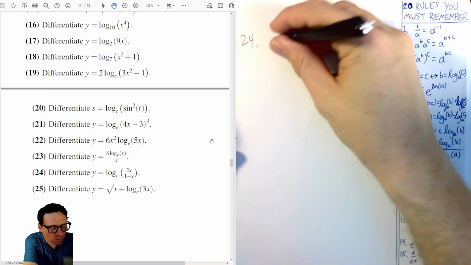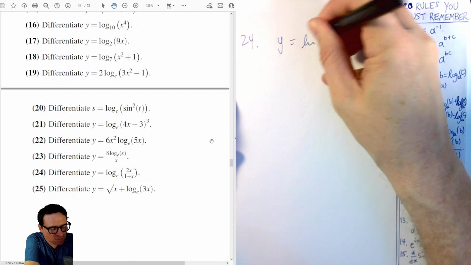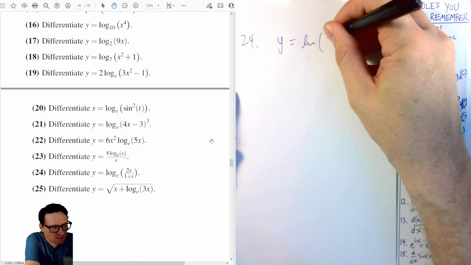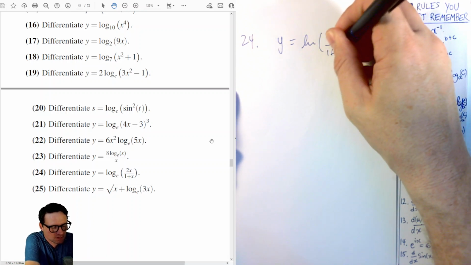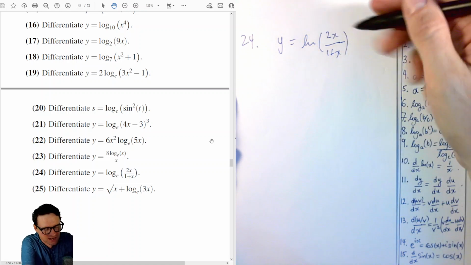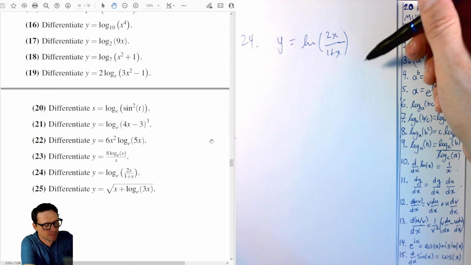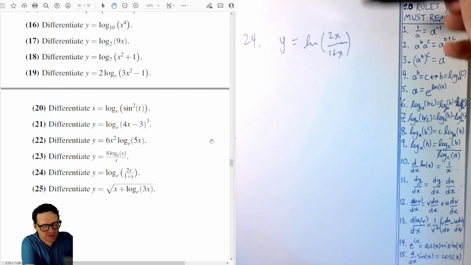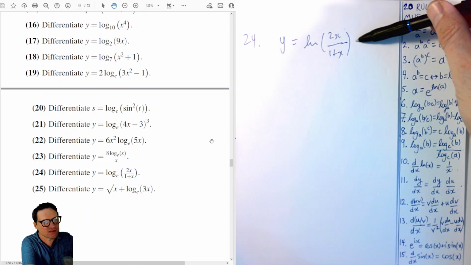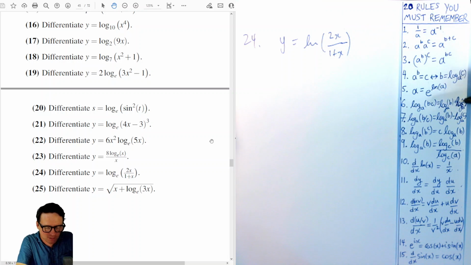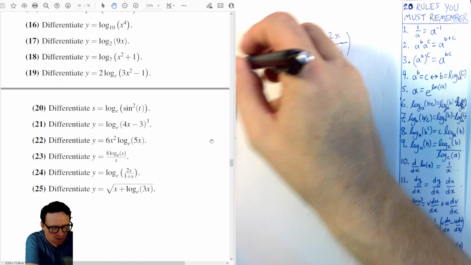So in 24, we have y equals the natural log of a quotient of two things. Now, you could set out the chain rule and then the quotient rule, but I think that's a bit messy. So I would rather use a log rule here and break this up using rule number 7, saying that this is a difference of two natural logs.